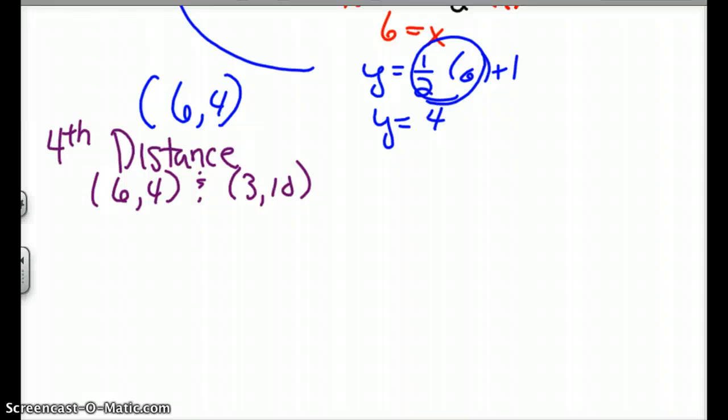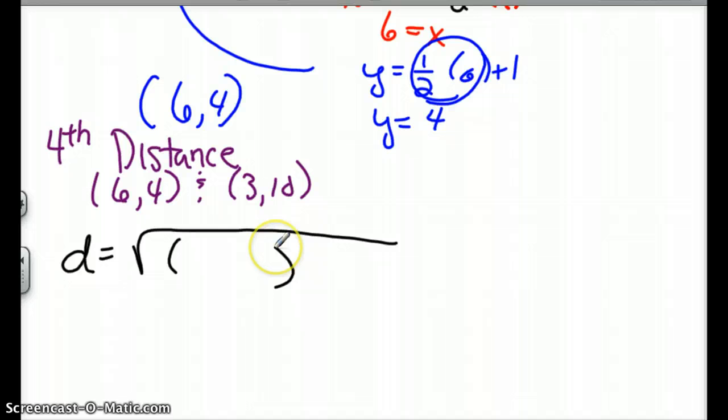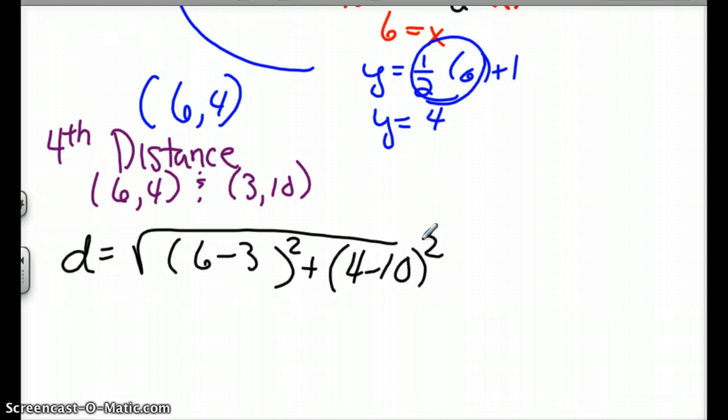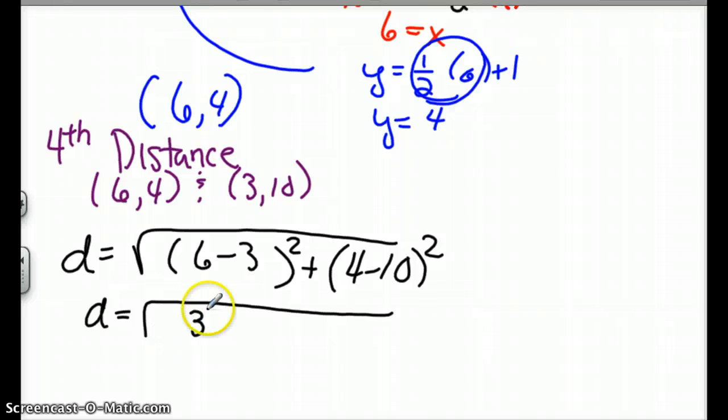All right, so do your distance formula. Distance equals, take your x's and subtract them, 6 minus 3 squared. Take your y's and subtract them, 4 minus 10 squared. D equals square root of 6 minus 3 is 3 squared plus 4 minus 10 is a negative 6 squared.